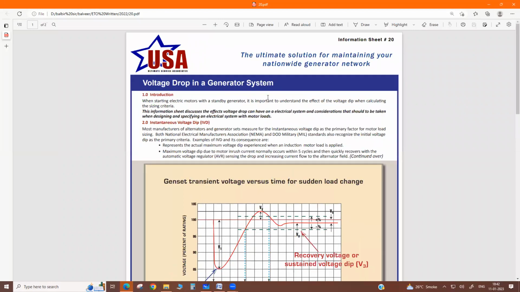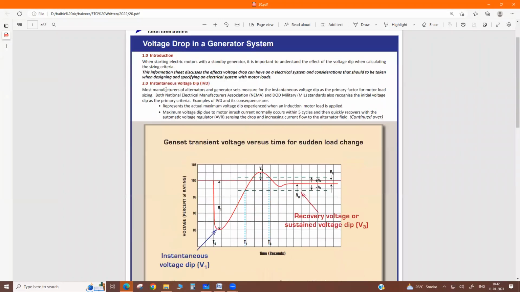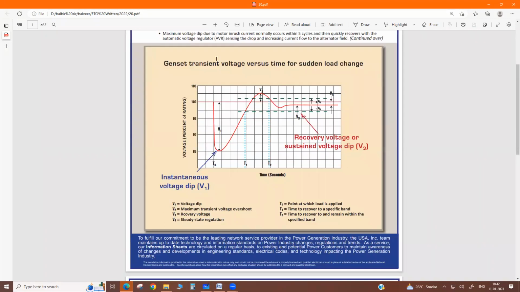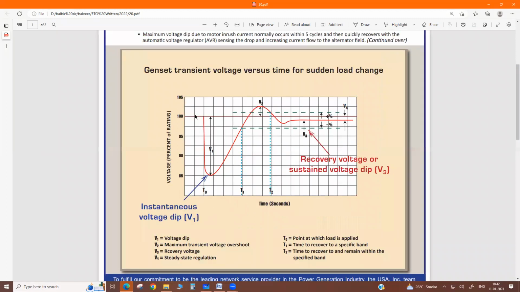This shows the instantaneous voltage drop, IVD, on the alternator. Here this is your constant voltage, V. In this diagram, this is your voltage reference line, the reference value.